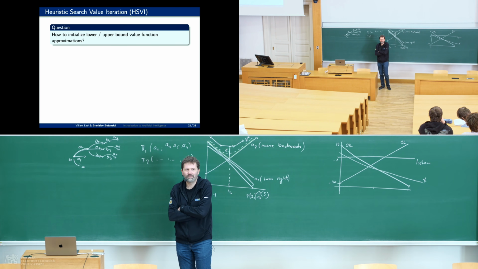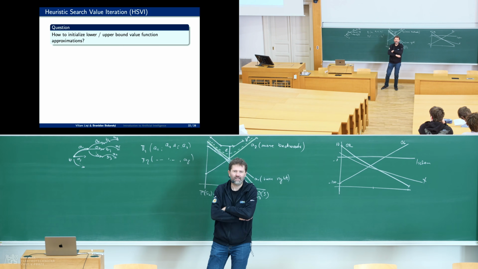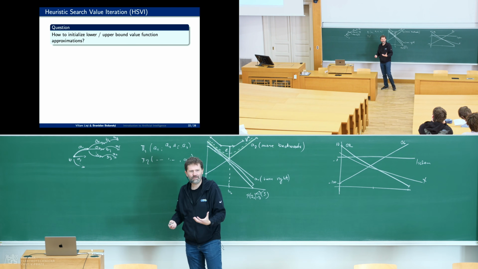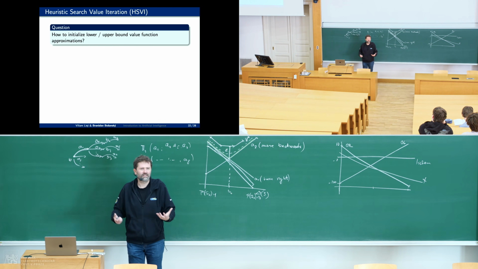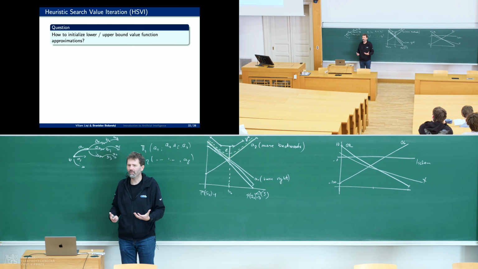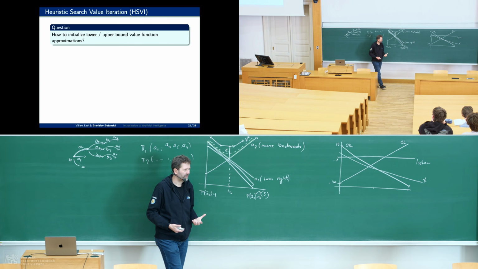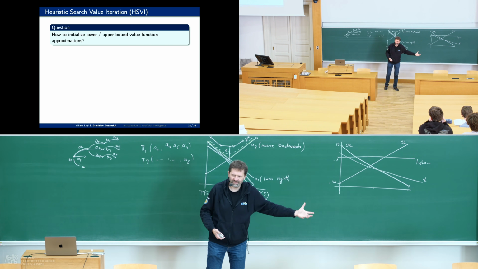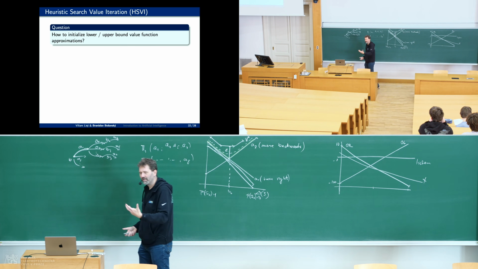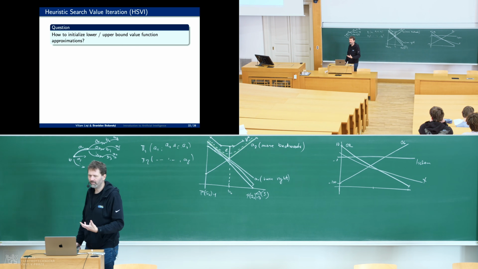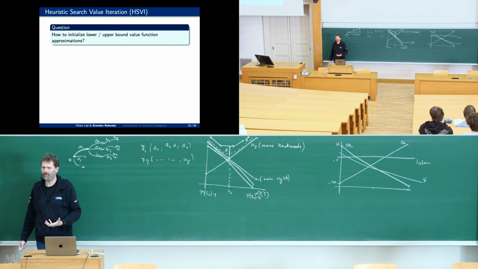From this perspective, it doesn't have to be the worst solution, it has to be a valid solution, because that valid solution is a lower bound, since the optimal solution is only better. If we are looking for a policy, the optimal policy is the best one that gives us the highest expected reward. Any policy is a valid lower bound.